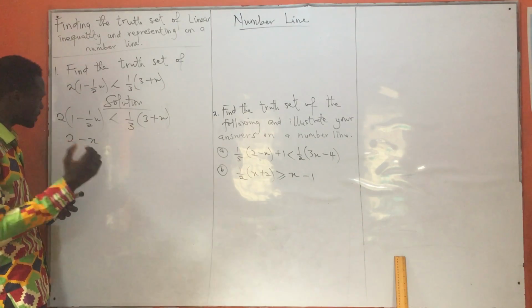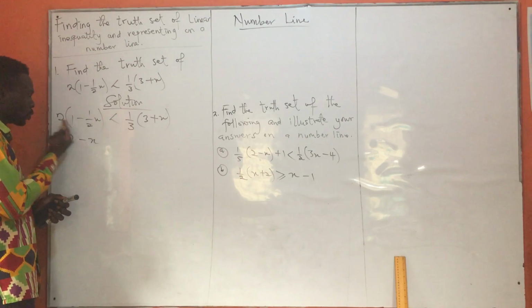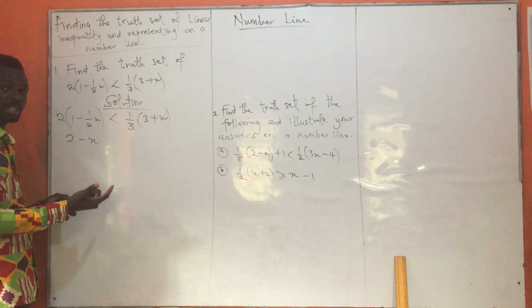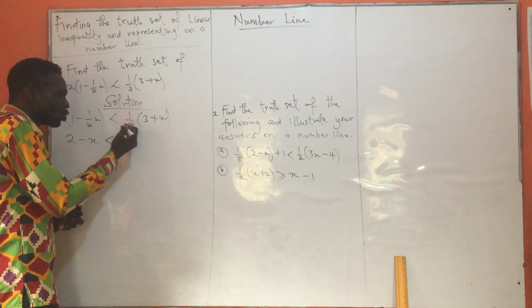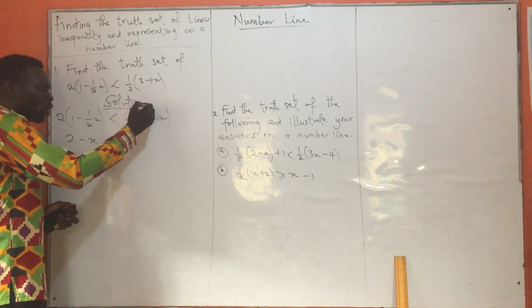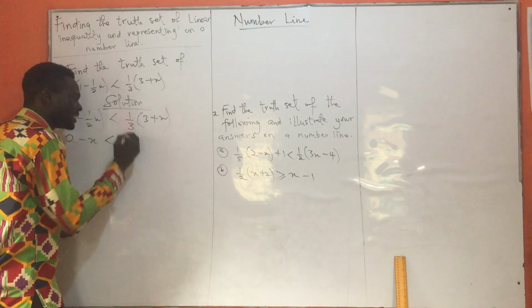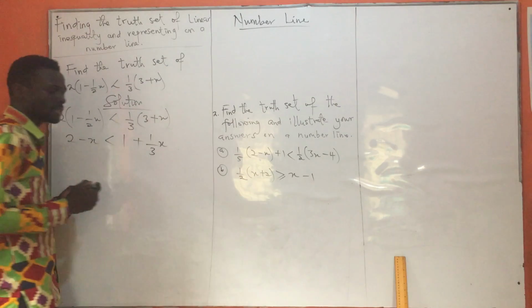Why negative x? Because 2 times negative half, the 2 will cancel out, leaving behind 1x, which is negative x. Then this is less than, also 1/3 times 3 will give you 1, because the 3 will cancel the denominator 3. Then you have 1/3 times x, which is 1/3 x.